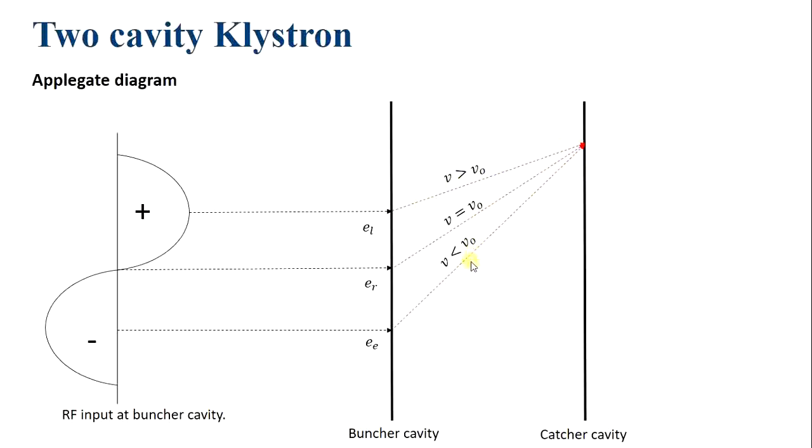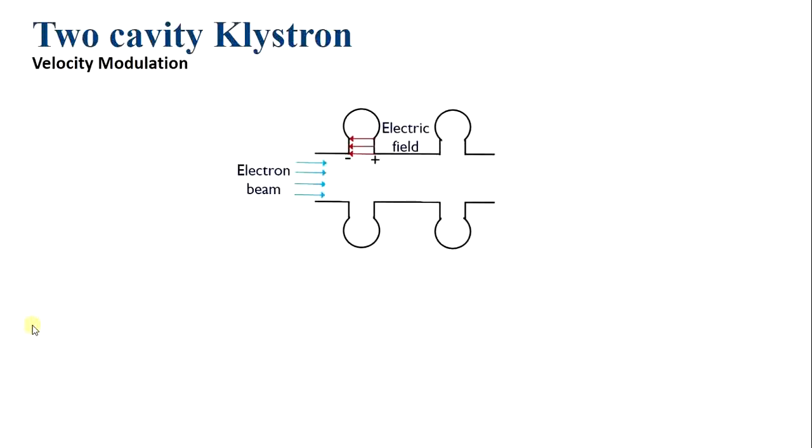There are not only three electrons, there are many electrons, so they can be represented like this. And this is the bunch of electrons, and this is the bunching limit. You can see over here, this is the bunching limit in which the bunching of electrons takes place. So the velocity modulation can be understood with this diagram.